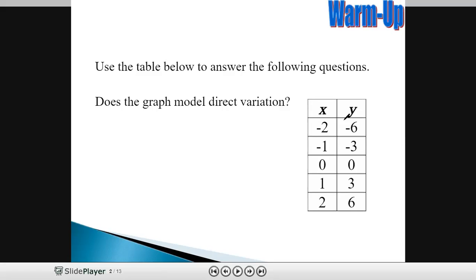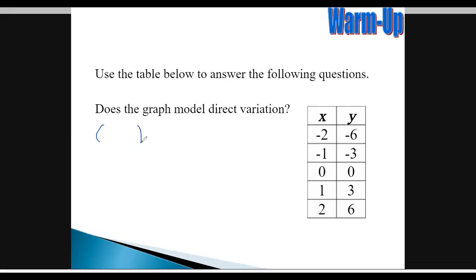Pick any two ordered pairs, please. Kenzie, give me any two ordered pairs first, my dear. -2 and -6, thank you. -1 and -3. Okay, I'm writing. -2 and -6, and after that, -1 and -3.